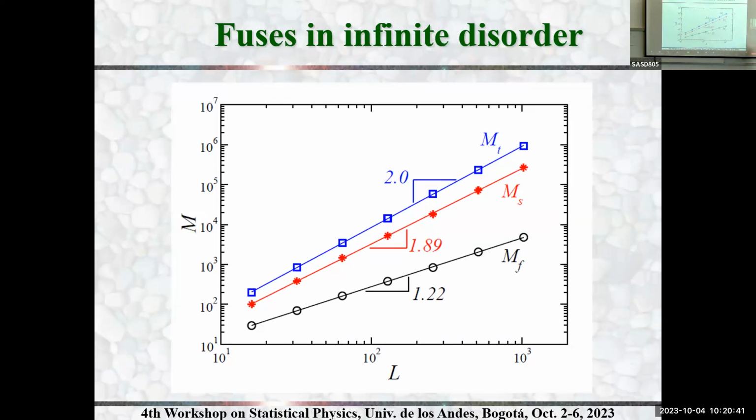So, questions? So by changing the Q of the hybrid model, you can change continuously from a second order to a first order? No, the hybrid model is always both.